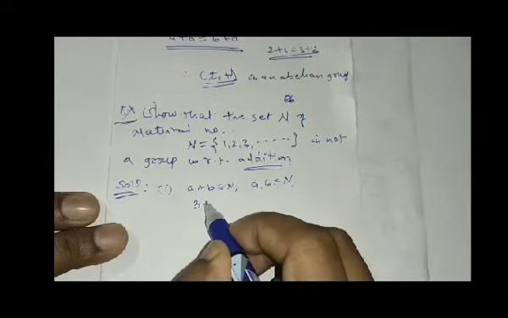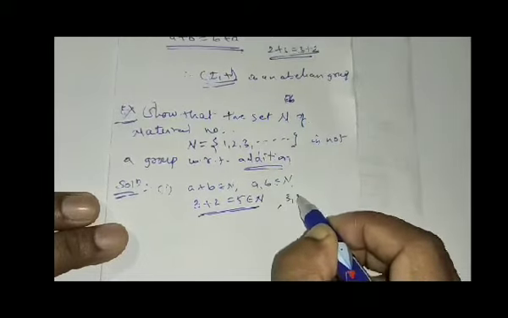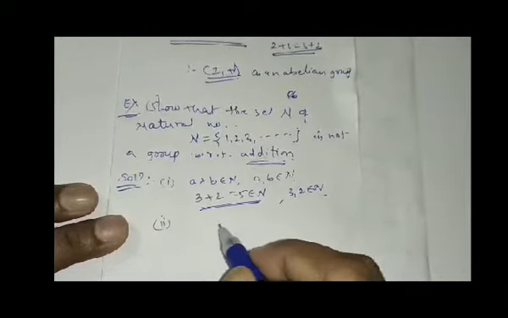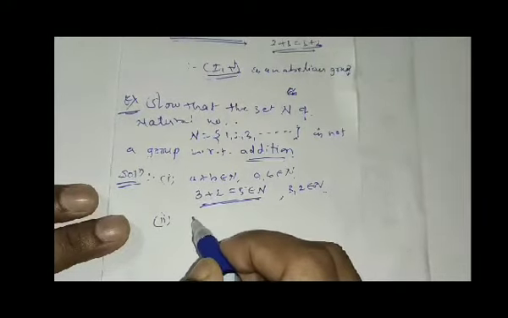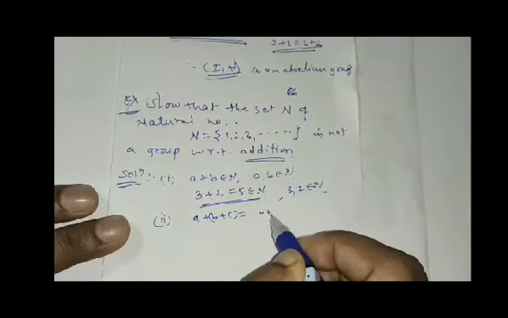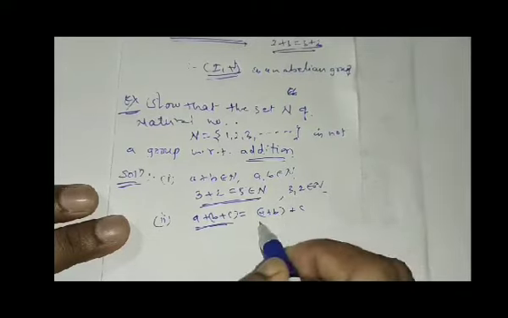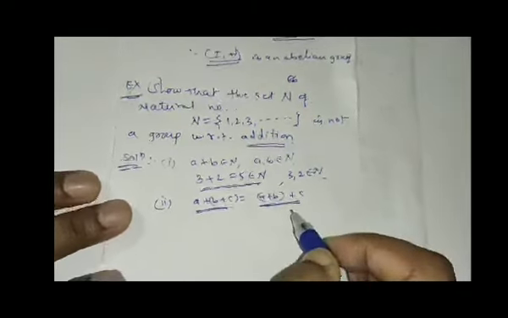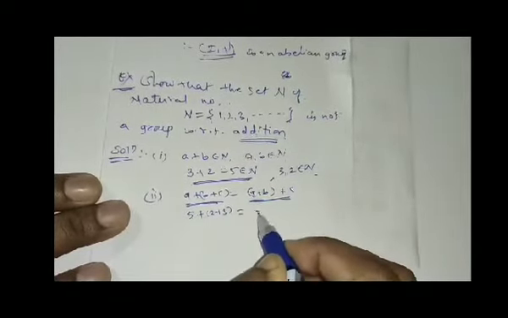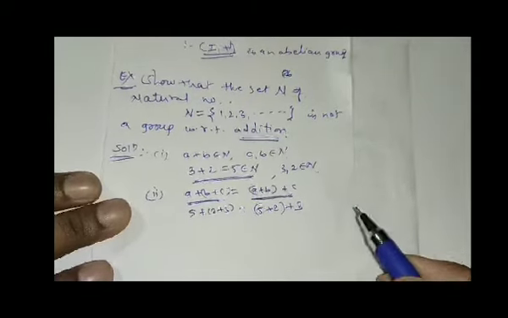Suppose we choose 3 plus 2, it is 5, a natural number. 3 and 2 belong to natural numbers, yes. Now, associativity, yes. A plus B plus C is equal to A plus B plus C. Do the sum in this way or in that way, it is the same, no doubt. That means 5 plus 2 plus 3 or 5 plus 2 then plus 3, it is the same.